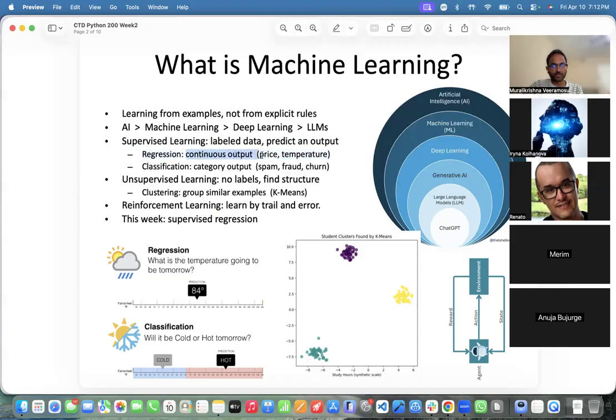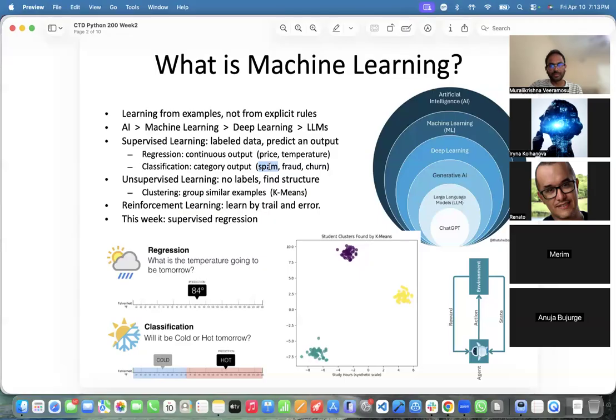If the output is continuous output and a number, then use regression. And if the output is a category, means you know the set of values in the output. Let's say we have to predict if an email is spam or not, then the output can be spam or not a spam.